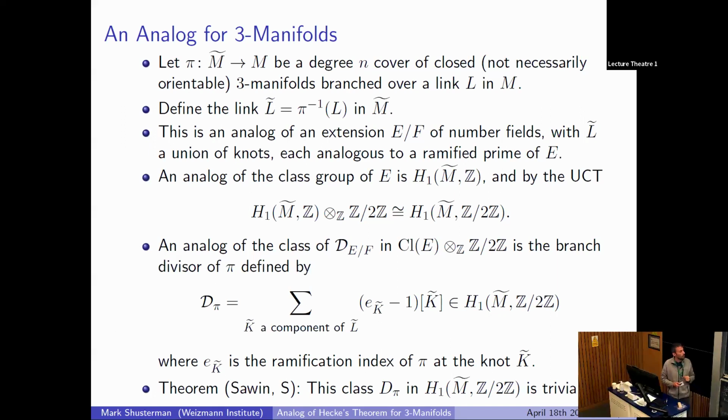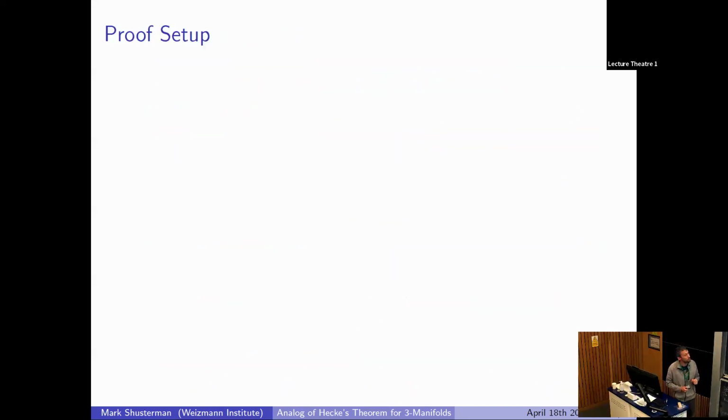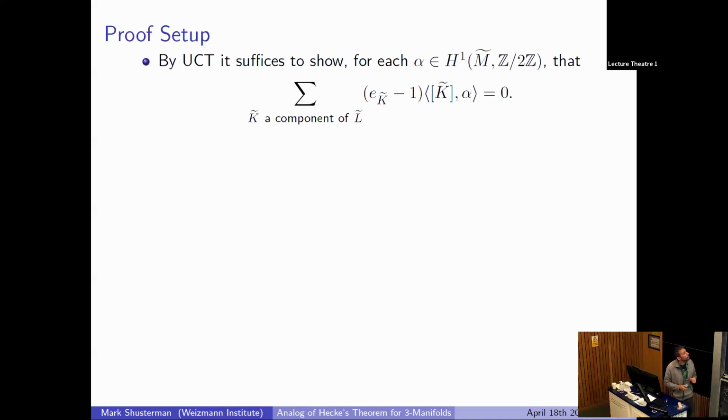All right, so if you're happy with the statement, we can try to talk about the setup for the proof of this theorem. The first step will be identical to the one in the arithmetic situation. We will try to show that for all characters, once we apply the character to the element, we get 0.